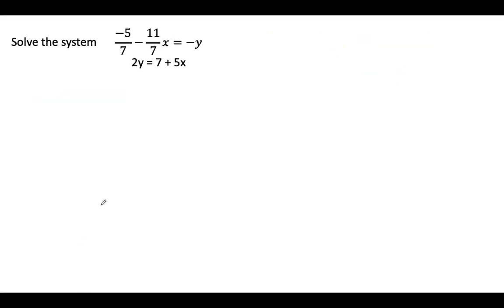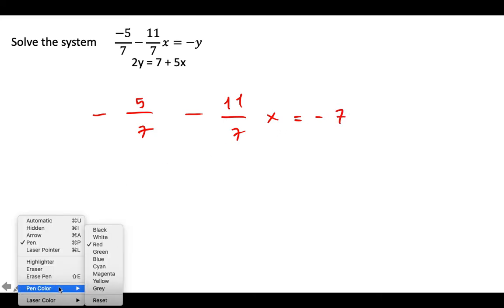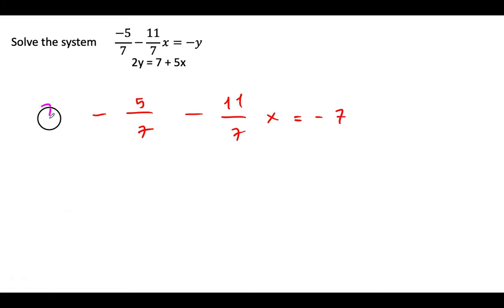Now let's go on. What about here? It's interesting, whenever you have fractions, the first step I think should be to eliminate the fractions. I mean, when I have negative 5 over 7 minus 11 over 7 x is negative y, just multiply both sides by 7.